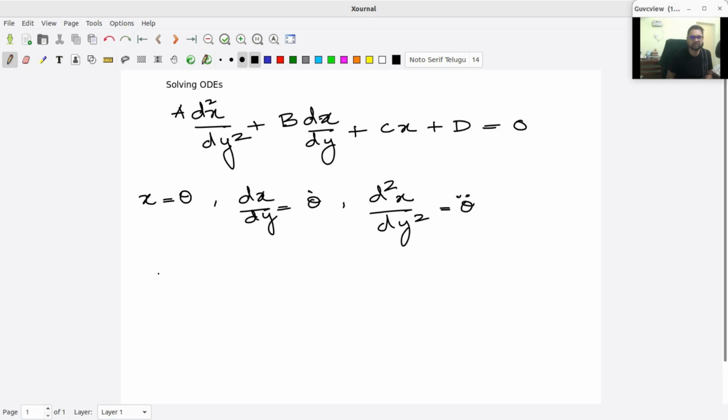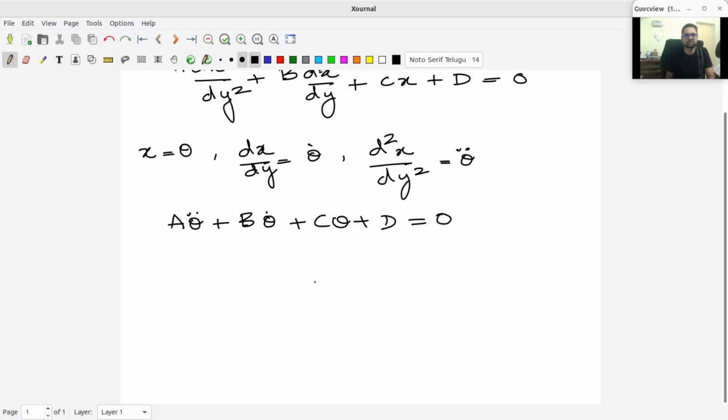So a theta double dot plus b theta dot plus c theta plus d equals 0. This is a second order ordinary differential equation. So now let us convert this into two first order differential equations.